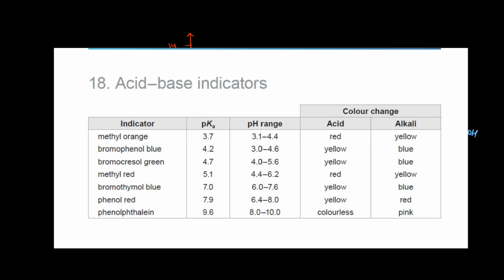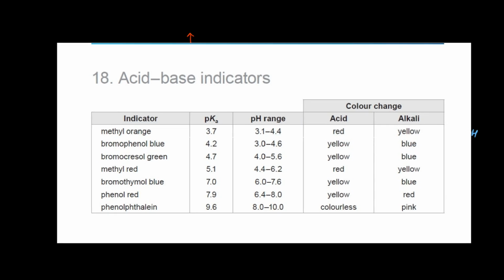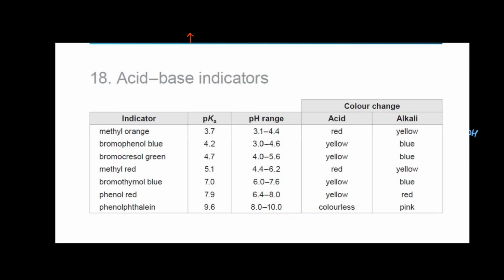If we see the list of indicators that is given in the data booklet, the pH range, I think this one, greater than 7. So I think phenolphthalein can work. Phenolphthalein can work because the pH range where it shows change of color is 8.0 to 10.